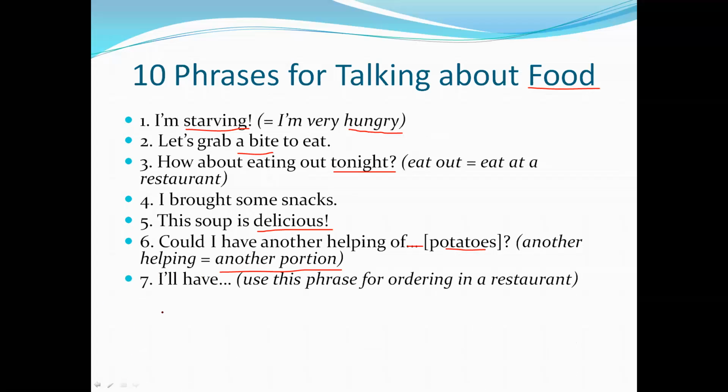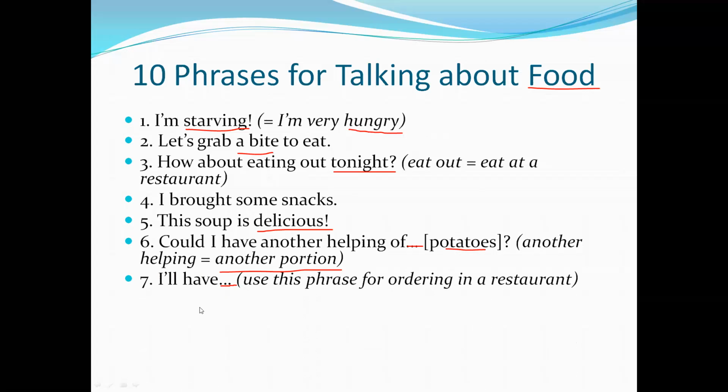Then the next one is "I will have..." Again, here is a dash. So what you are going to have can be mentioned here. Maybe you are going to order some food at a restaurant, so that can be mentioned here.